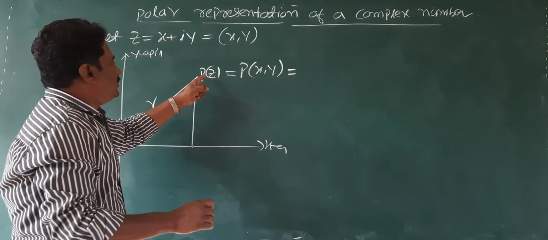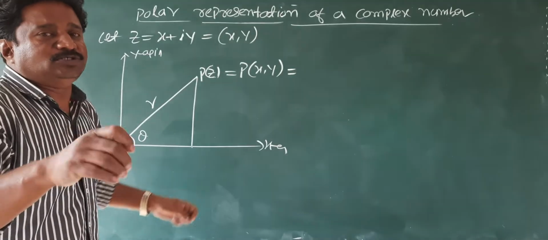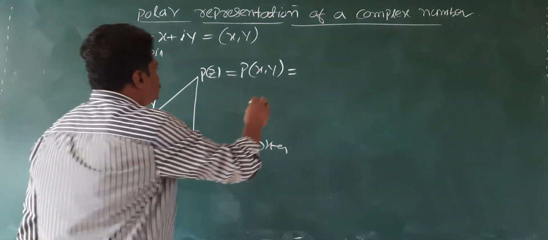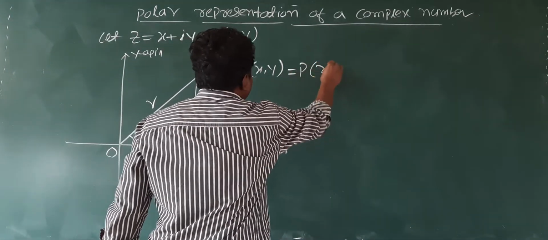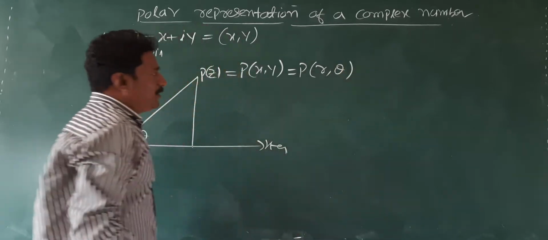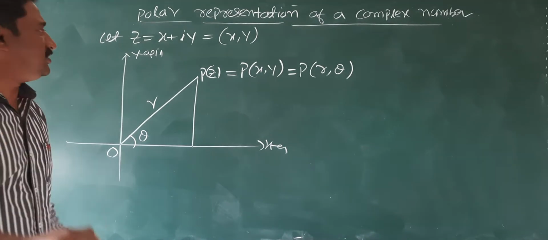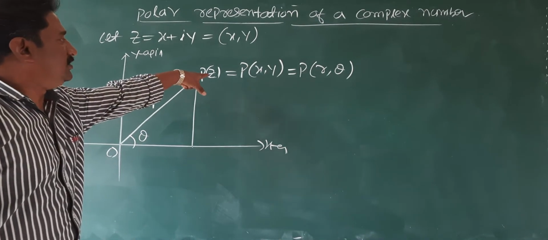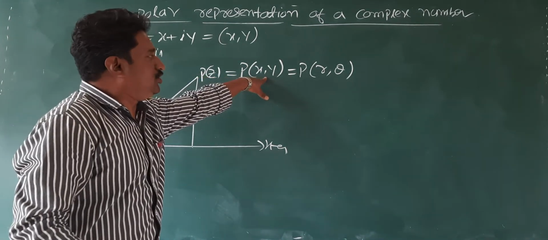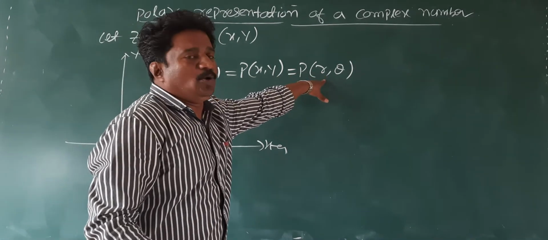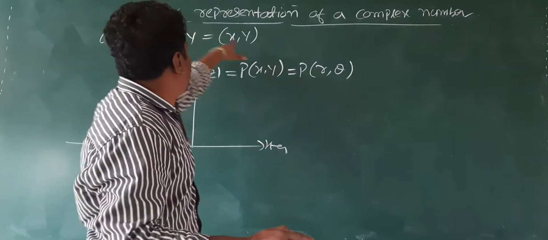I can represent the same point in one more way, that is P(r, theta). One more way of representing the complex number. This is in Cartesian form, this is in polar form.